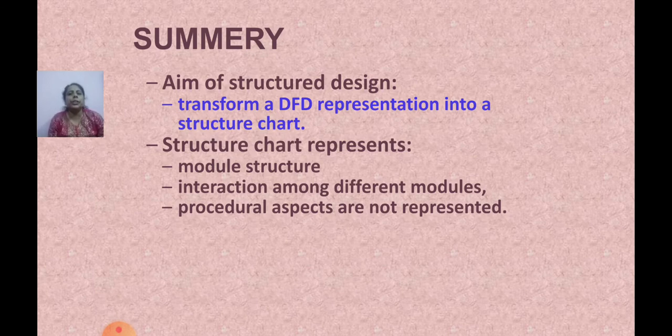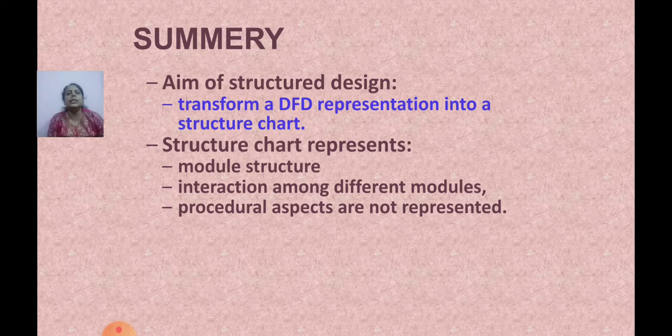So from this video we come to know about structured design. The aim of structured design is to transform a DFD representation into a structure chart. In structured design we convert the DFD into a structure chart, and the structure chart represents the module structure and interaction among different modules. Procedural aspects are not represented, meaning the detailed design is not represented in the structure chart.